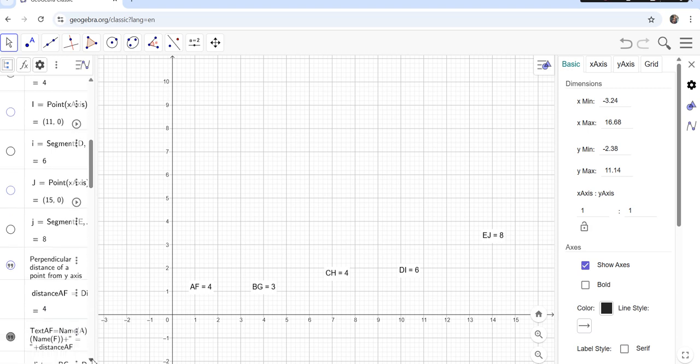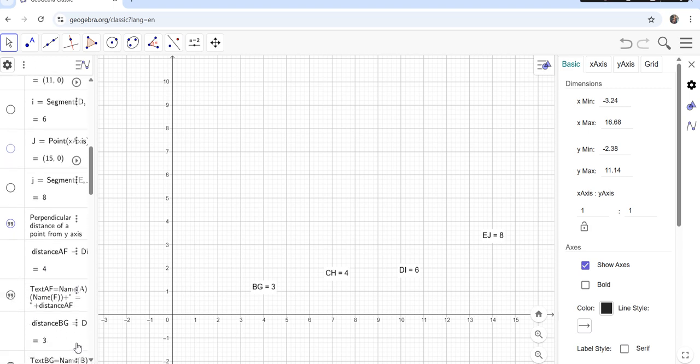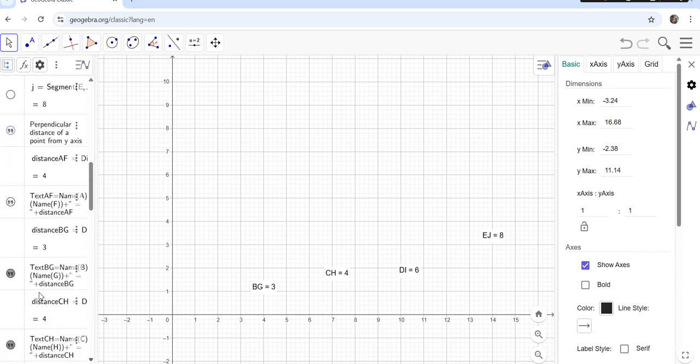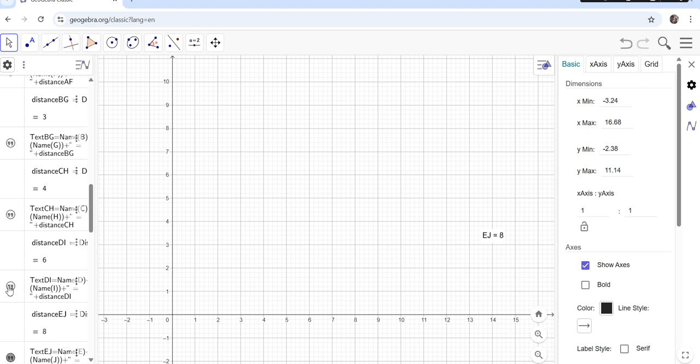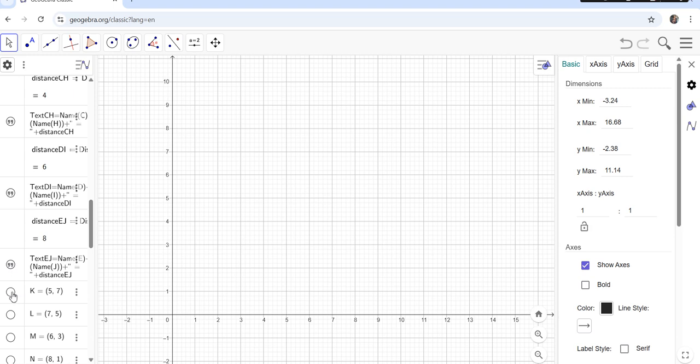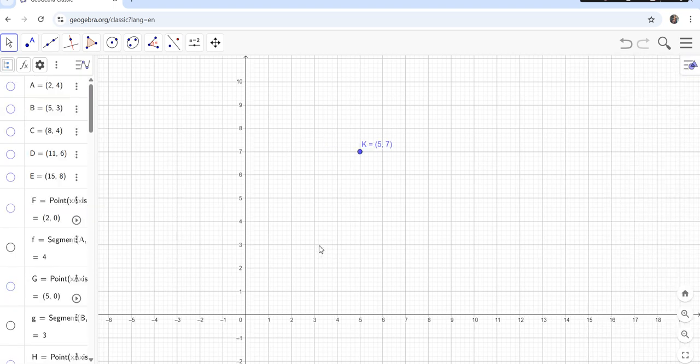So dear students, I am going to mark some points in the first quadrant. Firstly I will remove the points. Yes, let's take a point K whose coordinates are (5, 7).